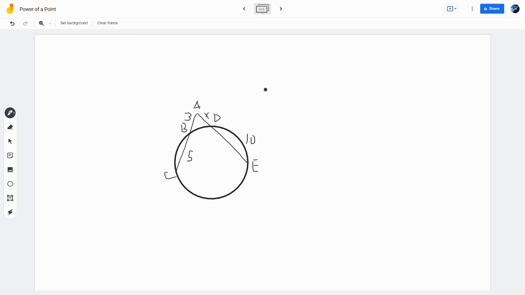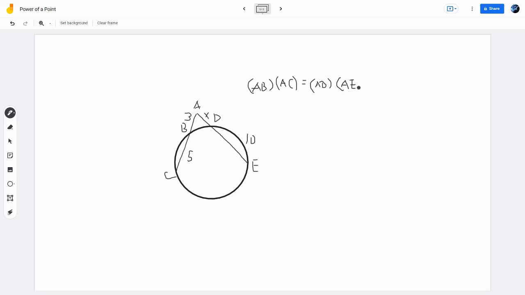So what we know is that AB times AC, remember, it's always AB times AC. It's not AB times BC. That is a common mistake. Do not do that. It's always the outer part times the whole thing, is equal to AD times AE.